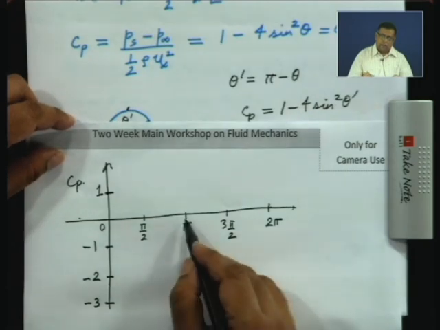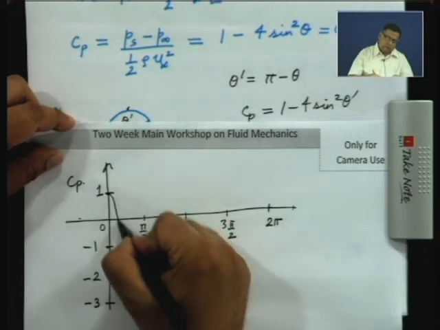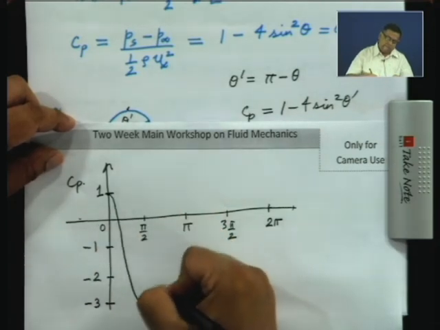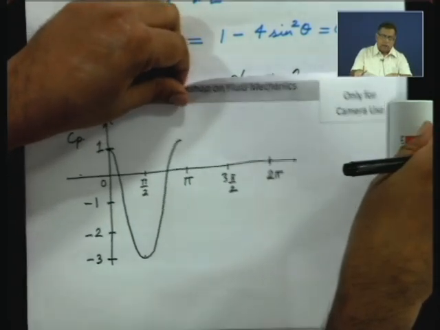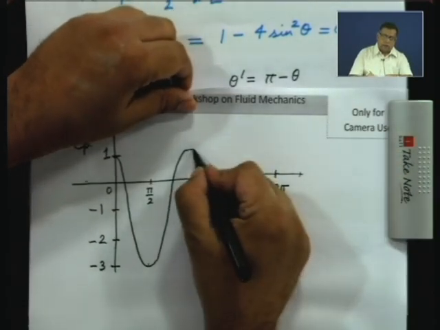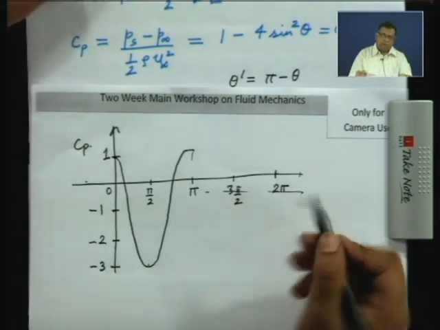And when theta is pi, you have a curve which goes like this. We are not interested in what is happening here, because it is symmetric.